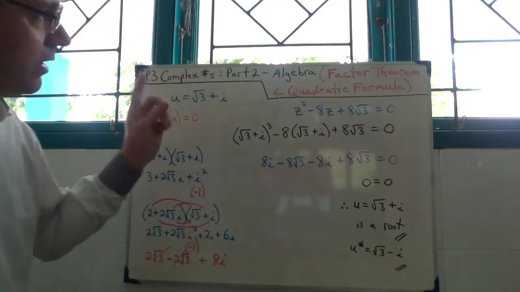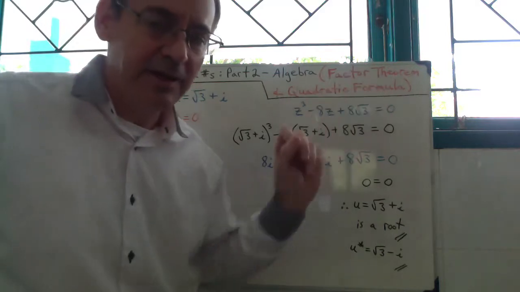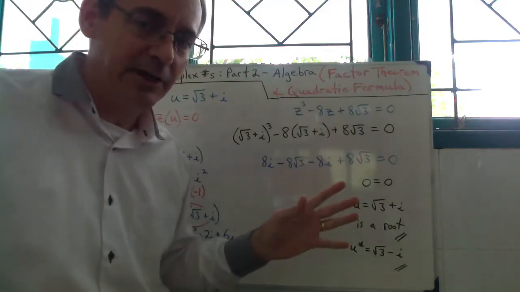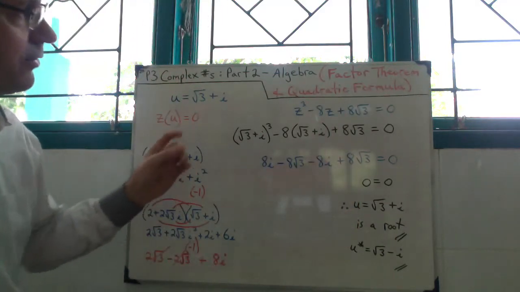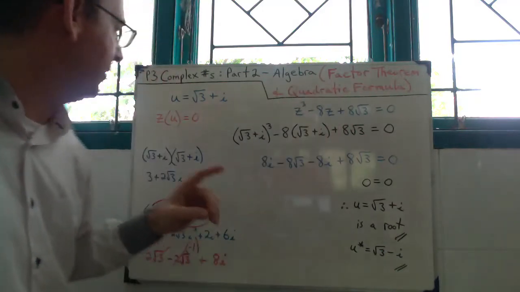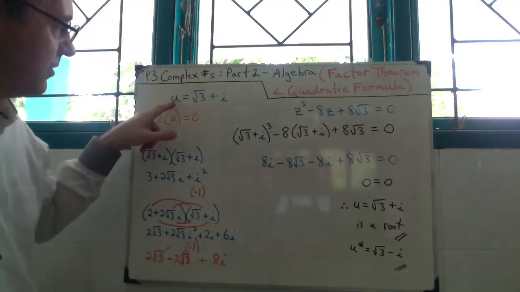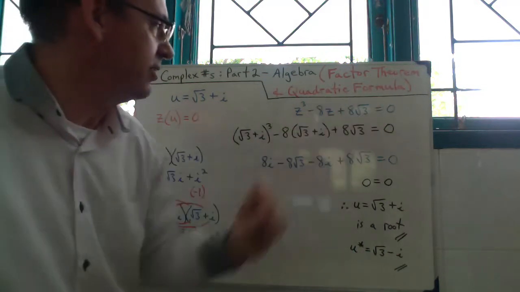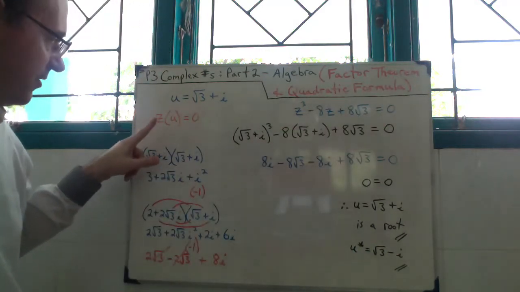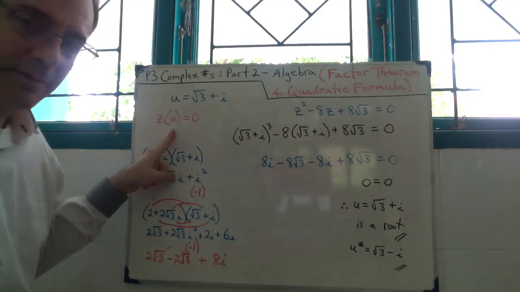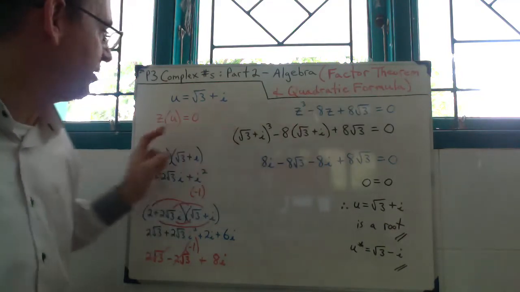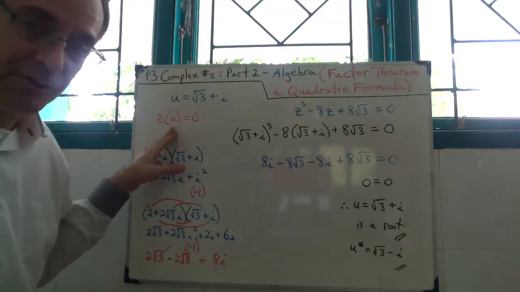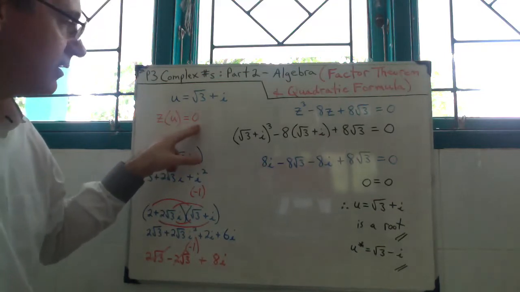So we'll use what we learned in further algebra with polynomials: when you have the factor theorem, if u is a factor or a root of this polynomial, then z of u, that is evaluating this function, plugging in the u, should equal 0.